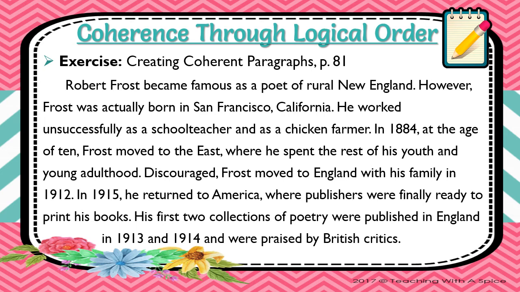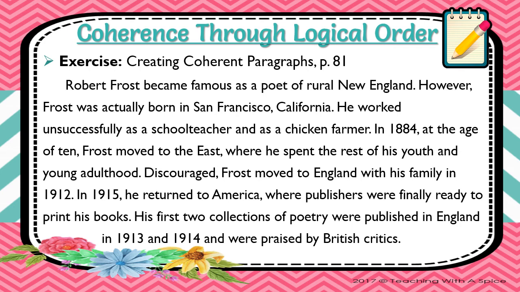Okay, so looking at this, what kind of order should our paragraph follow? Should it be order of importance? Is it following a process? Or is it chronological order, so in order by time of events happening? That's right, it's chronological order because we're talking about somebody's life, so the years that are going on would be an order of time.